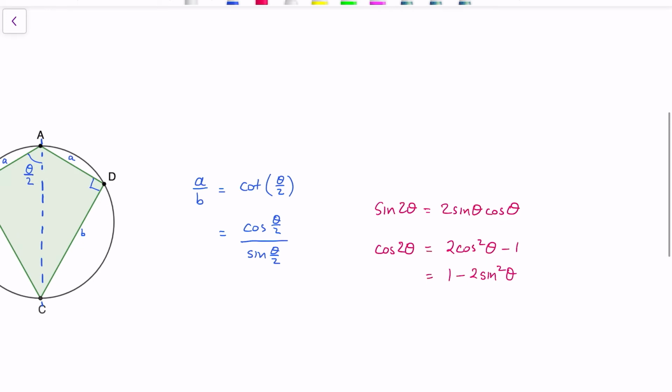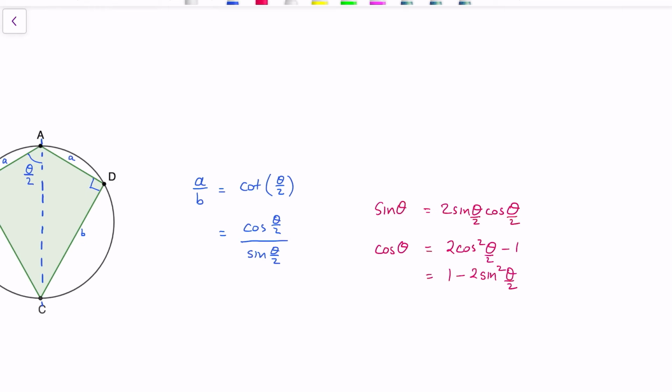So if we want half angles, we want to half that angle there, make that theta, then this one will be theta over 2. And likewise for the top one, if we want to make 2 theta, only theta, then it's going to be theta over 2 there and theta over 2 there.